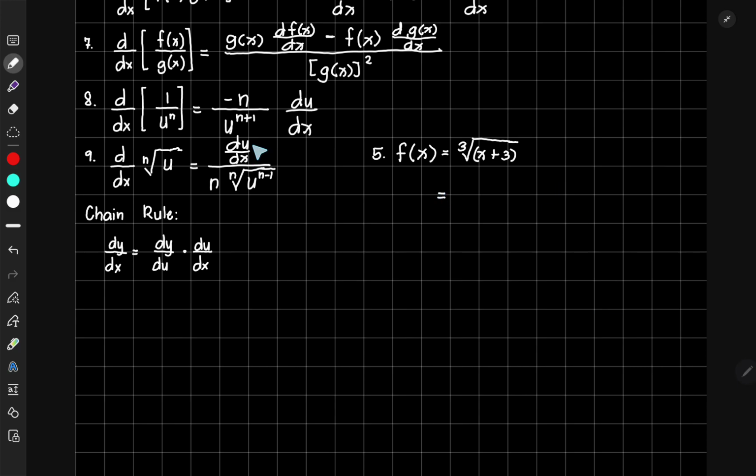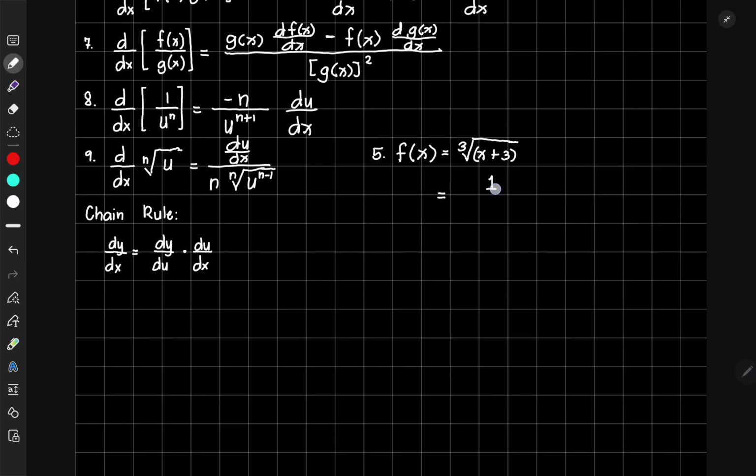So, first, we have to get the derivative of the u. So, yung kanina sabi ko, u is equal to x plus 3. So, the derivative of x plus 3 with respect to x would be 1 kasi derivative of x is 1 and then derivative of 3 with respect to x is 0.